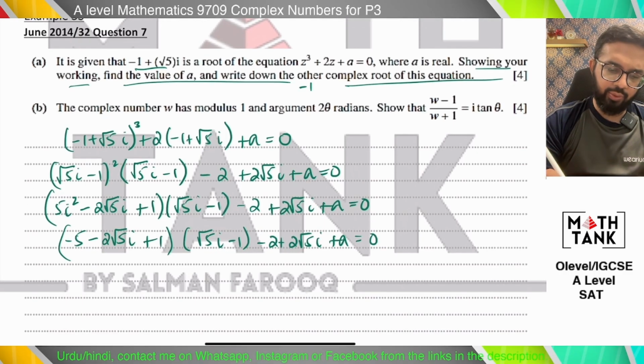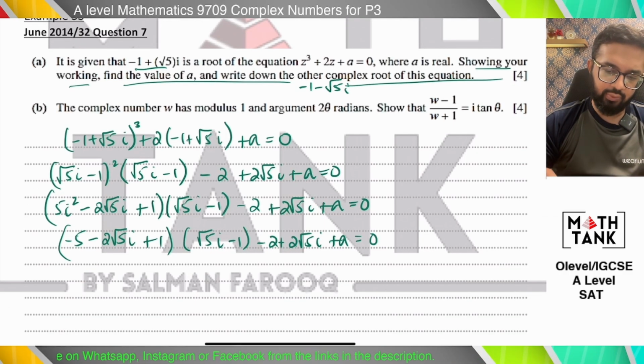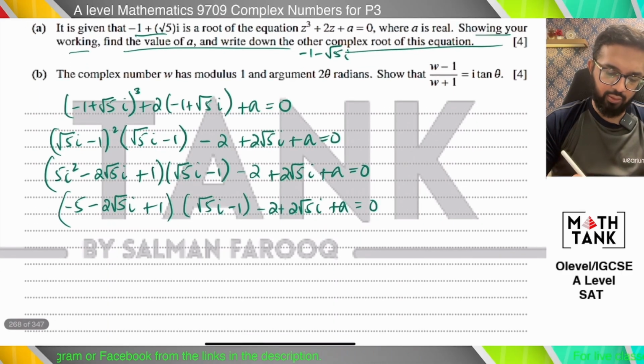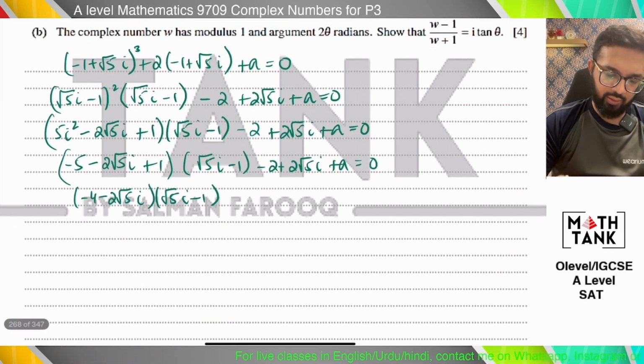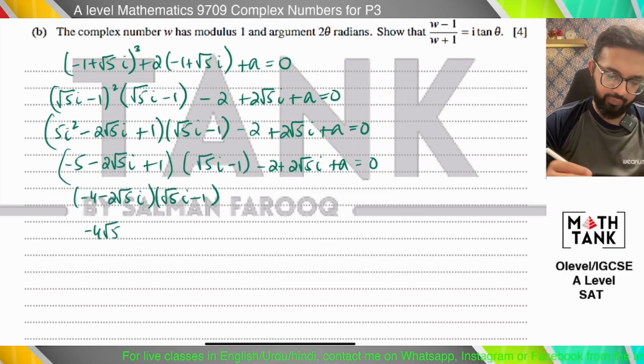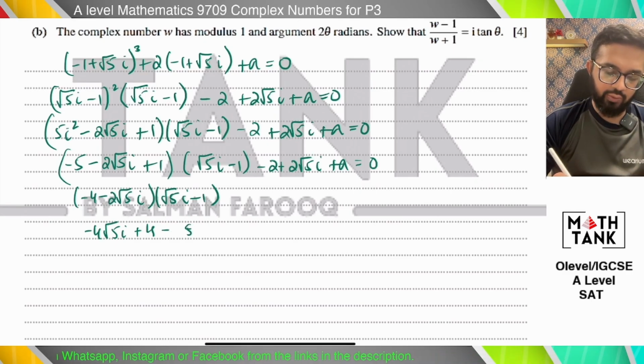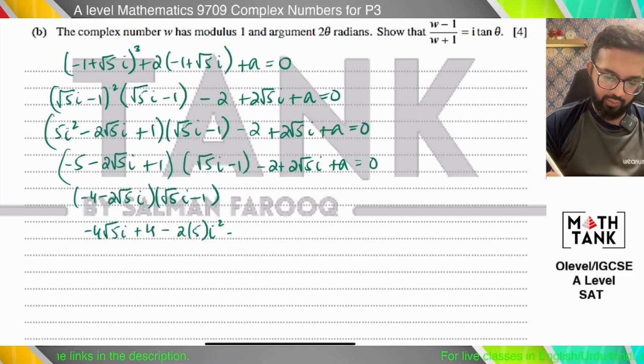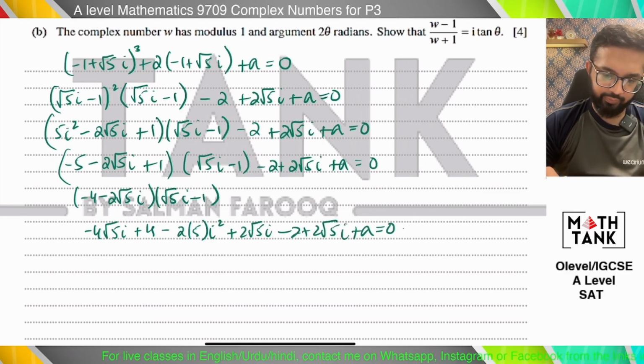Writing down the other complex root is easy, I think. So that gives me minus 4 minus 2 root 5i and root 5i minus 1. Let's multiply. Minus 4 root 5i plus 4 minus 2 root 5, 2 root 5 into 5, that's 2 into 5, i squared plus 2 root 5i minus 2 plus 2 root 5i plus a equals to 0.